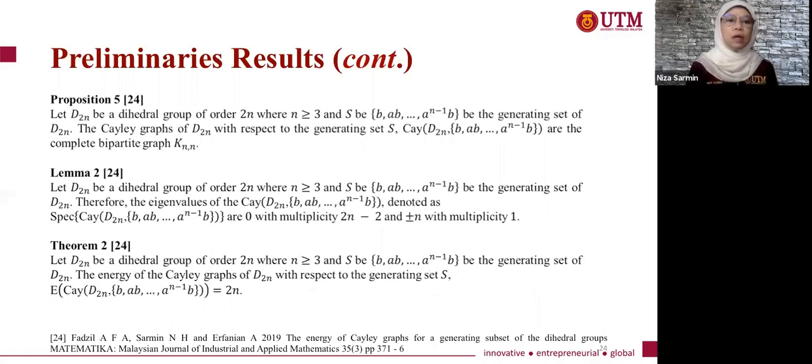And later on, we found for the case of the Dihedral group with the generating subset S, not only the S of certain order, but for this generating set, we found the Cayley graph to be complete bipartite. And also we found the spectrum to be 0 with multiplicity n minus 2 and plus or minus n with multiplicity 1, and also the energy of the Cayley graph.